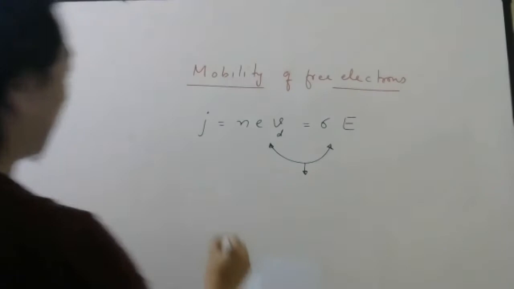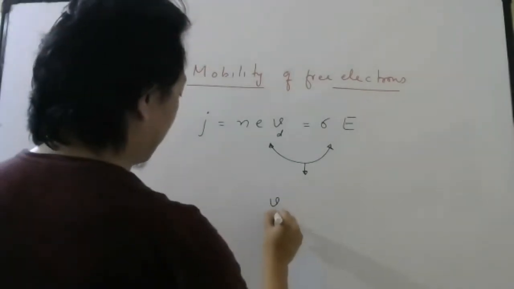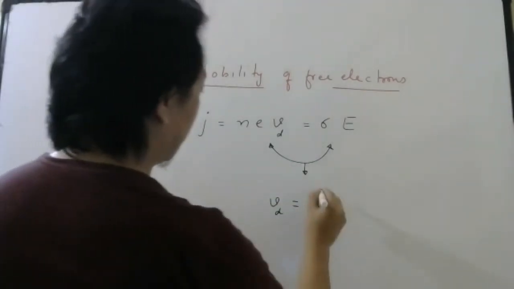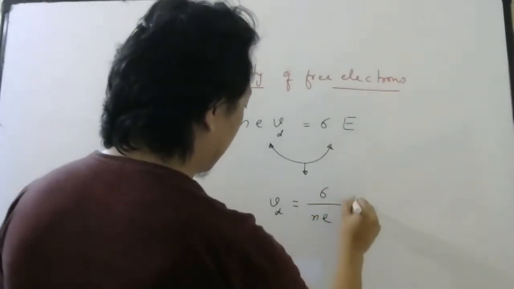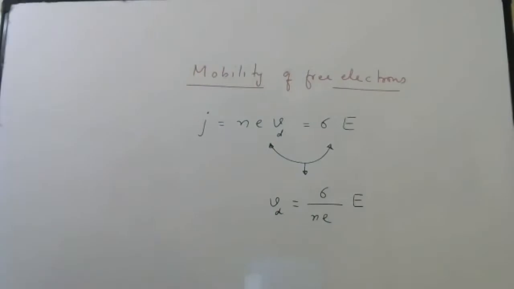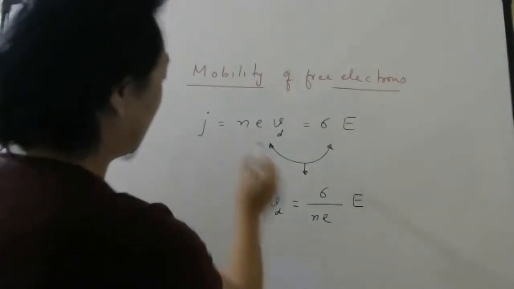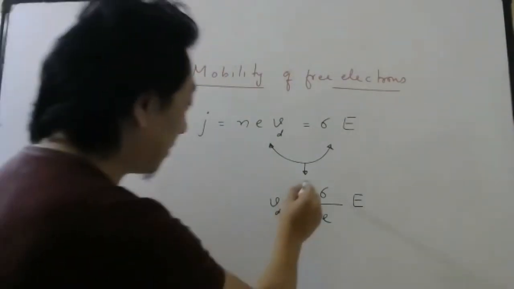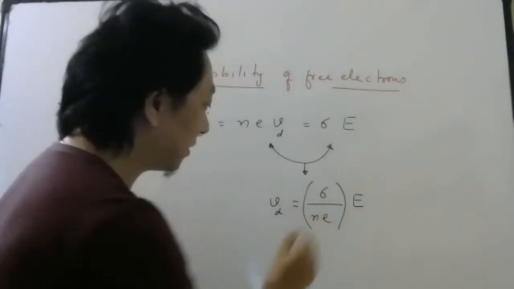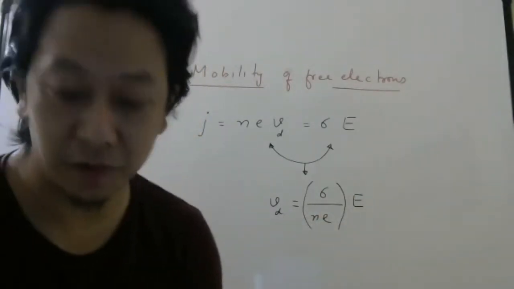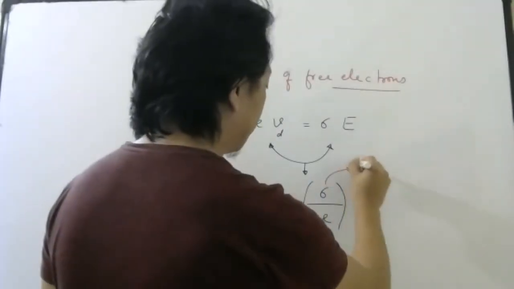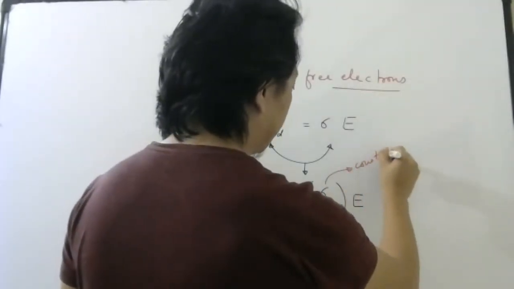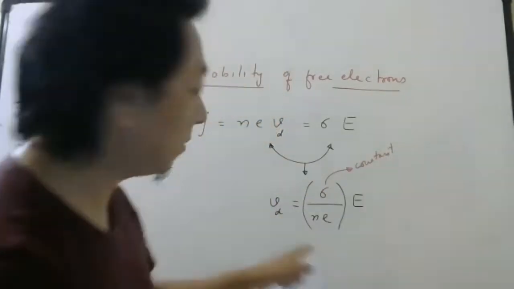I will get drift velocity is equal to sigma by Ne into E. Correct? Now look carefully. This part you look here. For a given material, for a given conductor, this will be constant. Yes or no? This quantity will be constant.